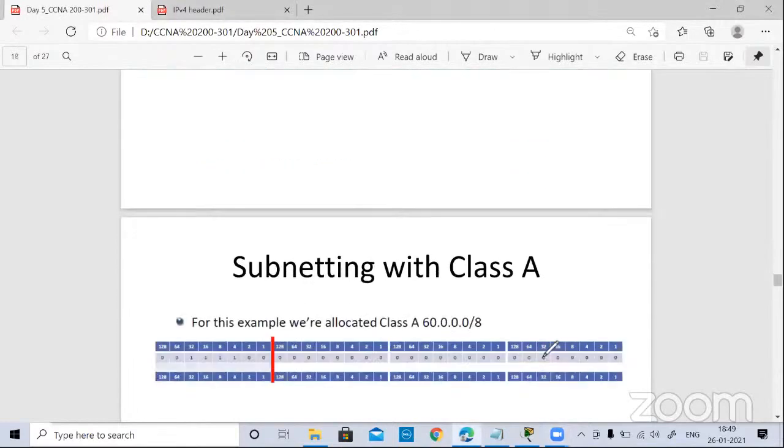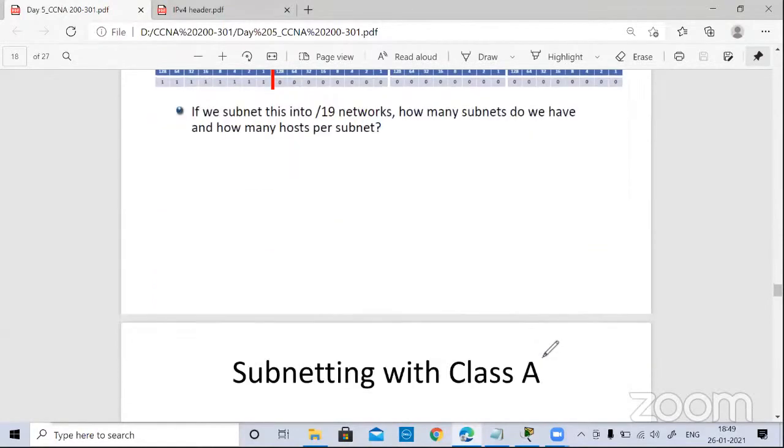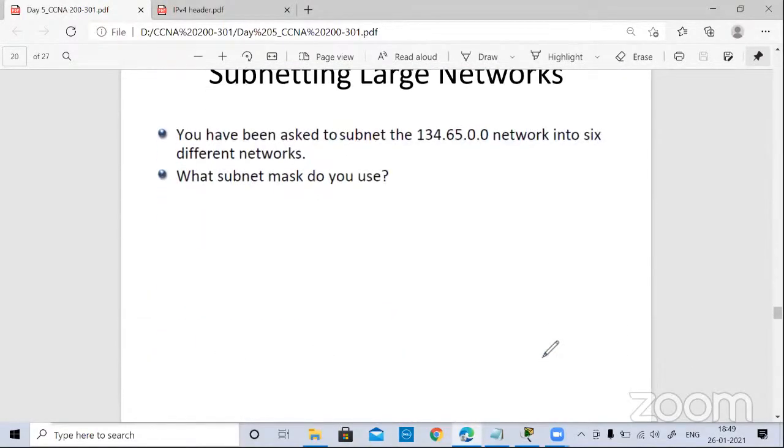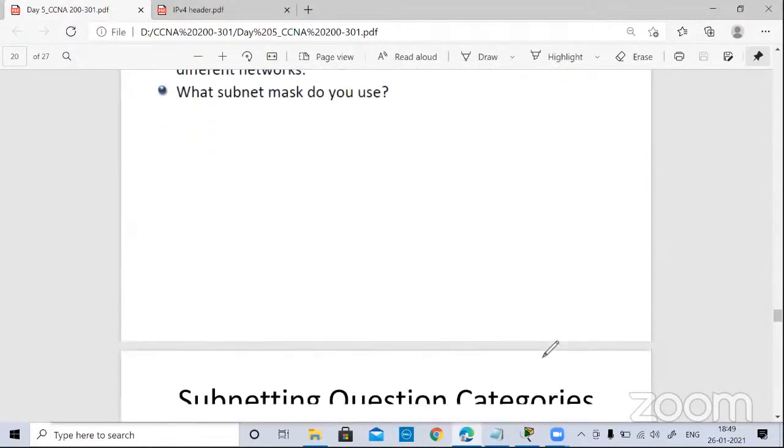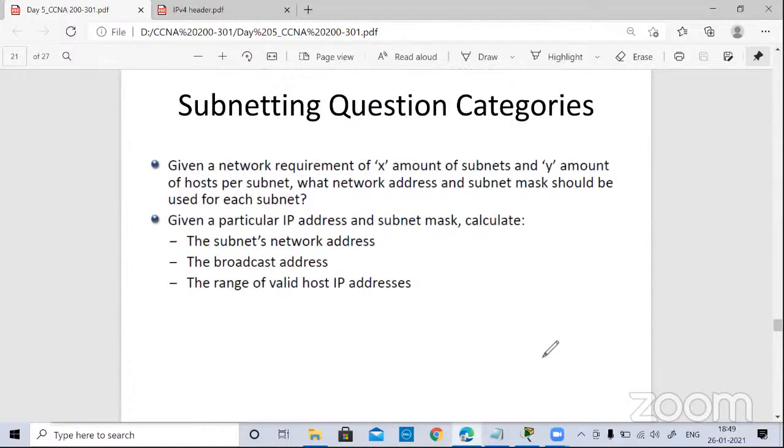One more thing we'll see here. Now this is very much similar. Basically what I want to show you is that when you are appearing for exams or going for interviews, majorly these are the kinds of questions that will be put to you: you will be given a network requirement, that we require so many networks and so many hosts per subnet.